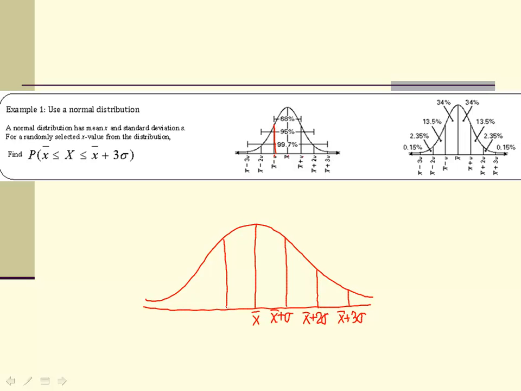One value to the left is the mean minus 1 standard deviation. 2 lines to the left is the mean minus 2 standard deviations. And the third line on the left is the mean minus 3 standard deviations. Now you only go out 3 standard deviations in each direction when we're talking about a normal curve.